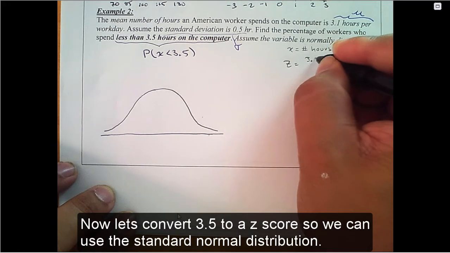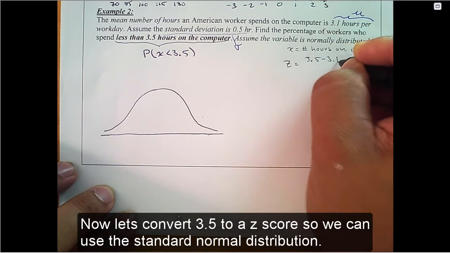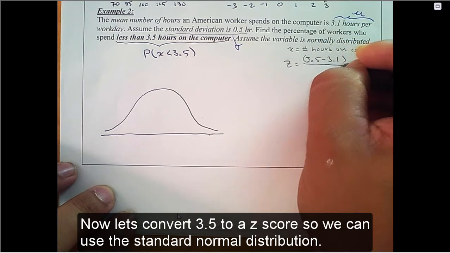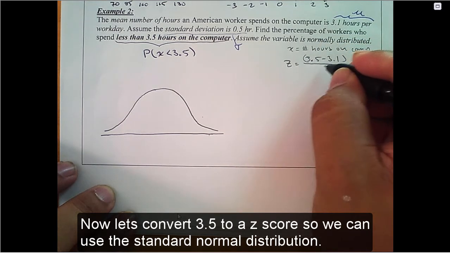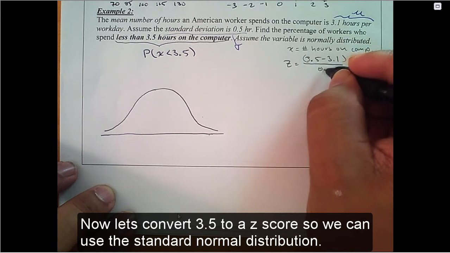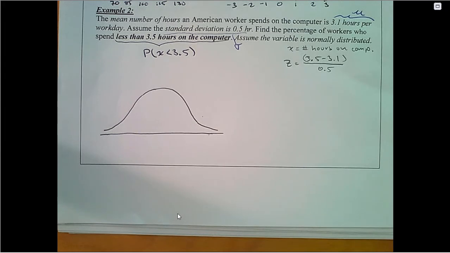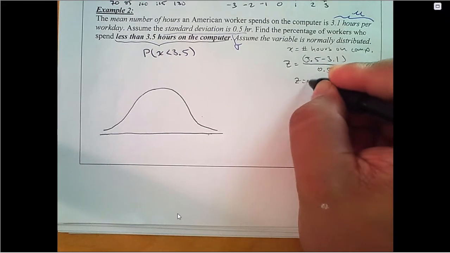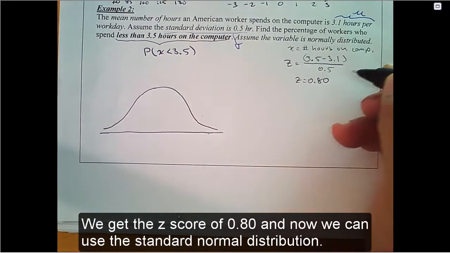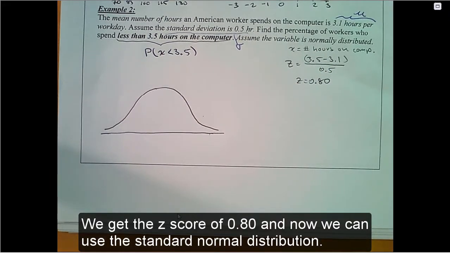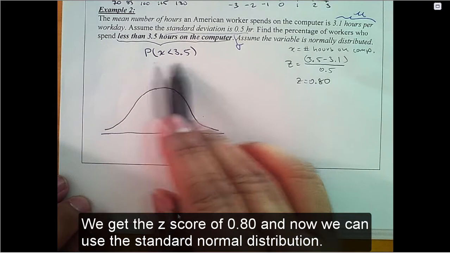Now let's convert 3.5 to a z-score so we can use the standard normal distribution. We get the z-score of 0.80.